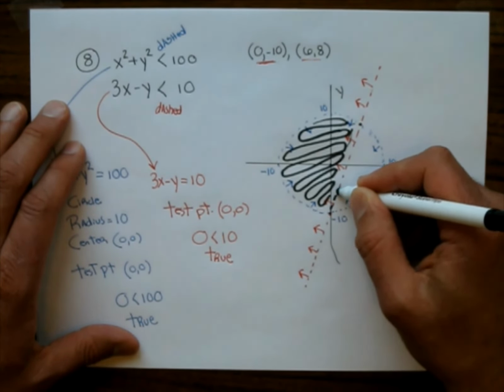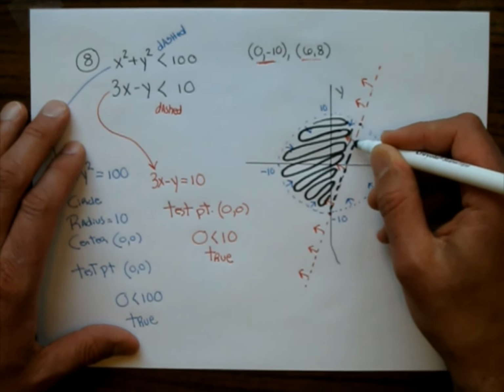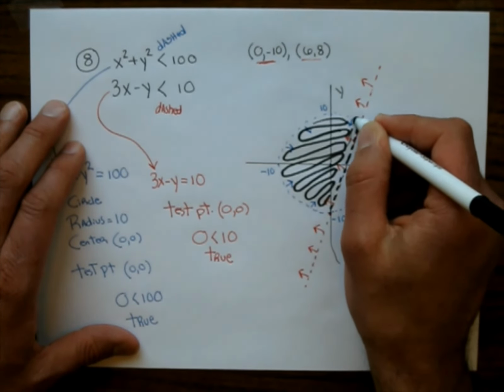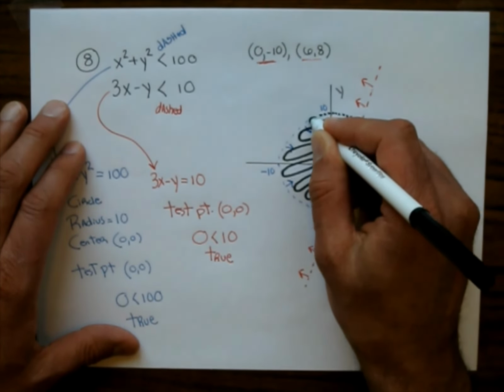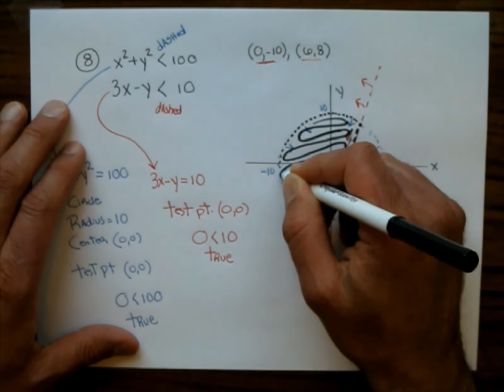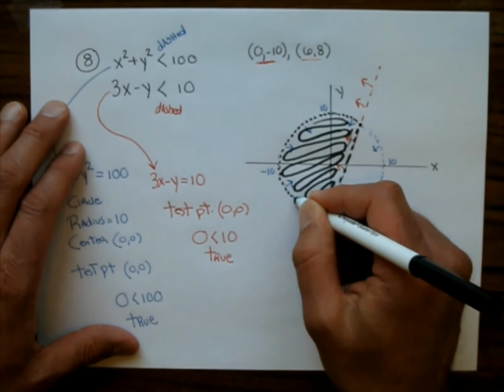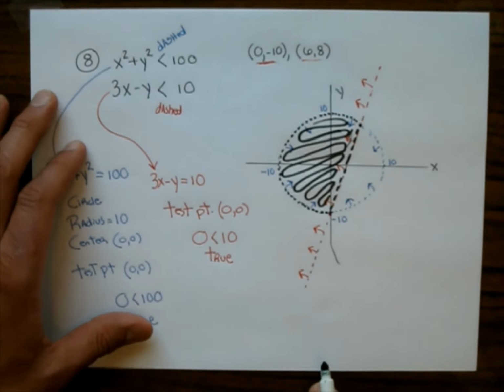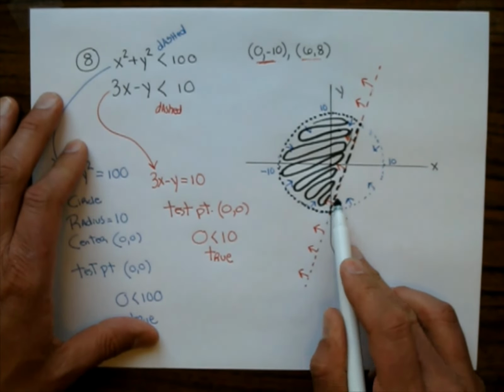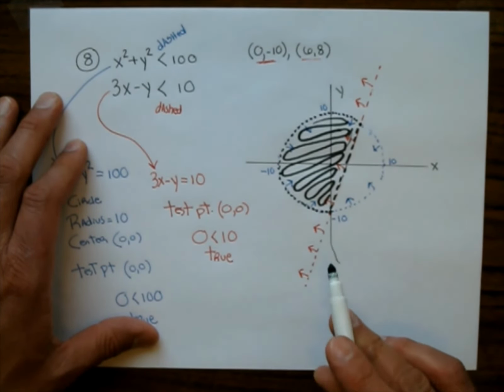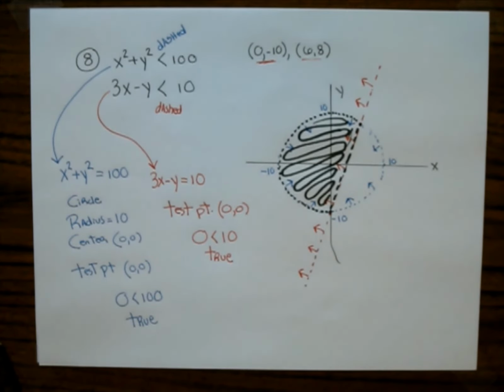We have a dashed line. When a dashed meets a dashed, you get an open circle, but you don't really have to put that open circle. It's implied. The only time you have to put an open circle on boundaries is when a solid meets a dashed. That is the answer.